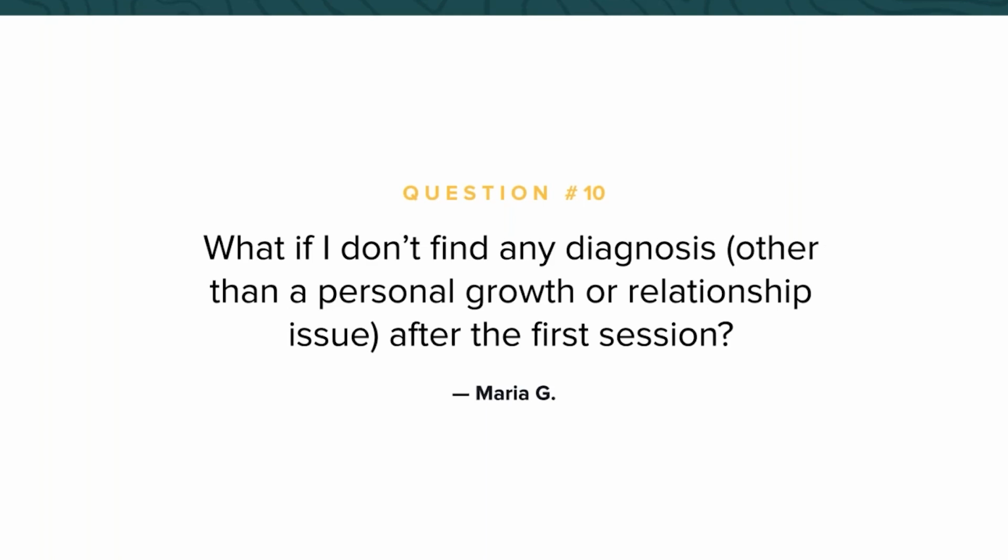And so I kind of say something like, well, the good news is, after talking to you and getting an idea what's going on, it sounds like you've got these strengths and this going on, and you've got a great topic here to work on, improving your self-esteem or improving your communication. The bad news is basically that's not something that insurance would cover.